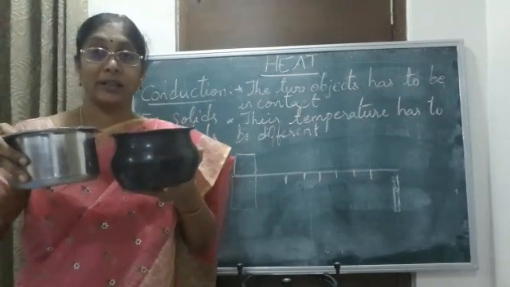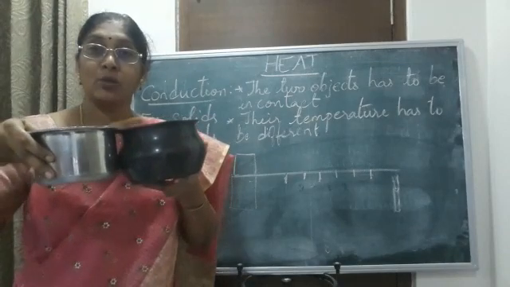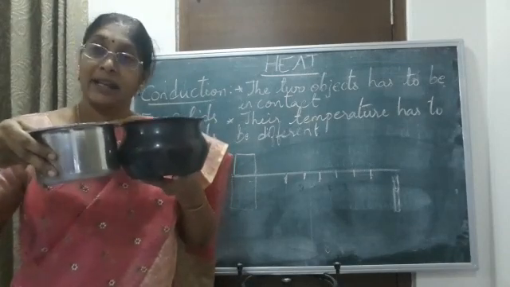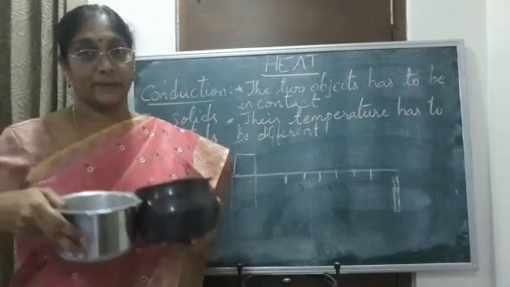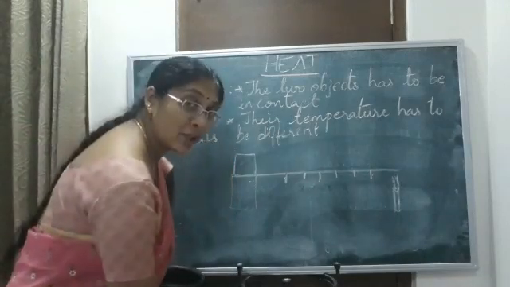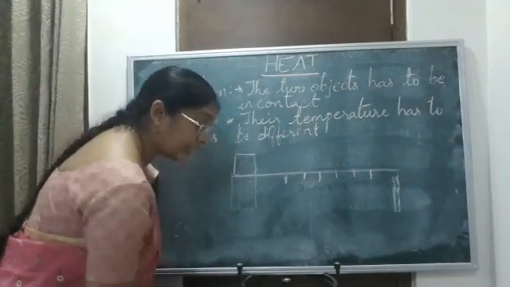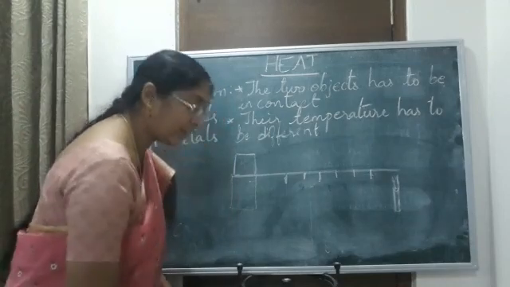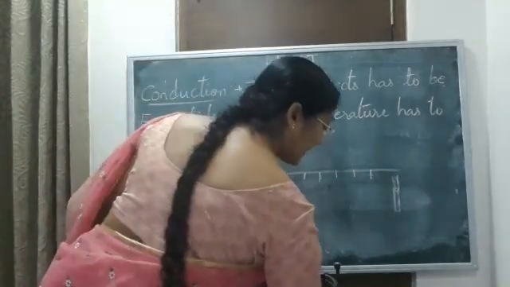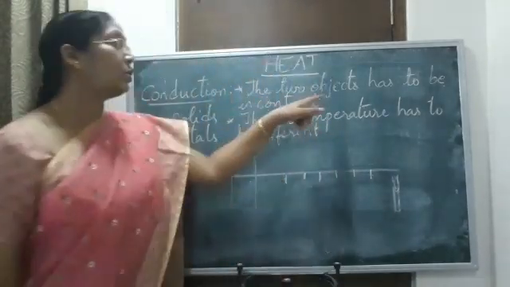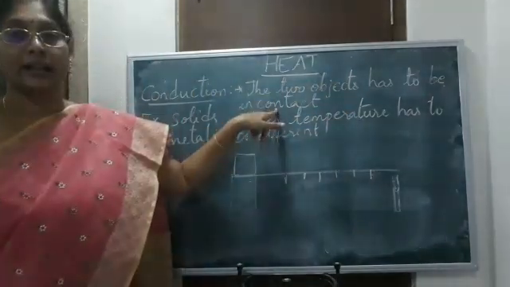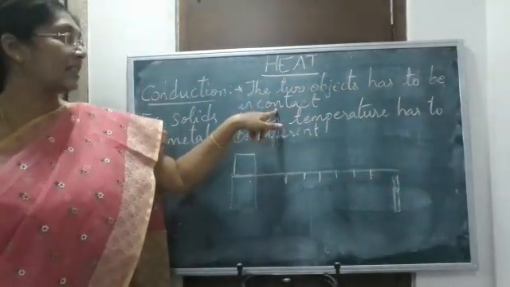Maybe by radiation, but by conduction, no, it cannot be transferred. Unless these two are in contact like this. Can heat be transferred then? Yes. So if heat has to be transferred, both the containers have to be in contact with each other. The two objects have to be in contact for conduction. That is the first condition.